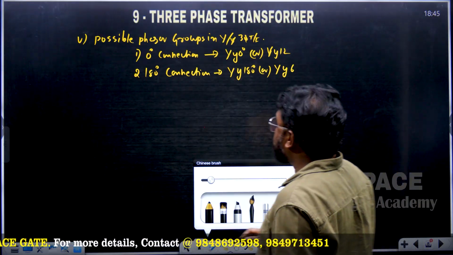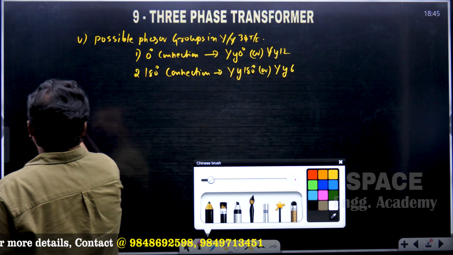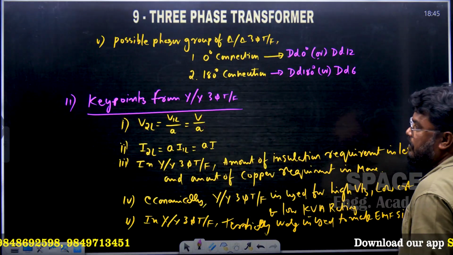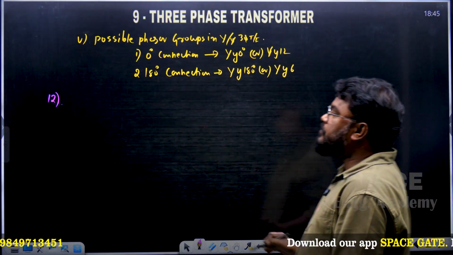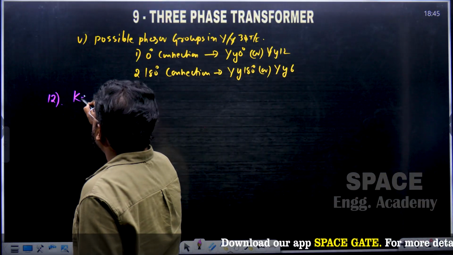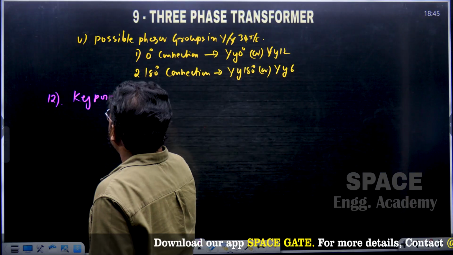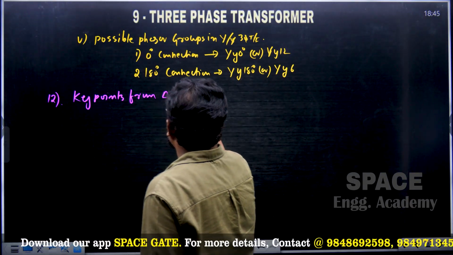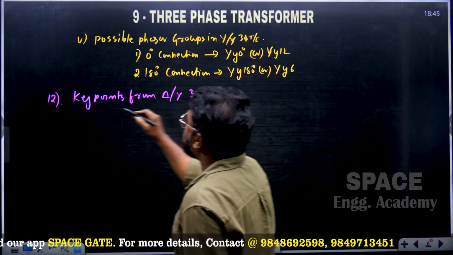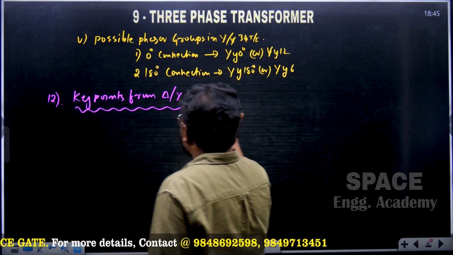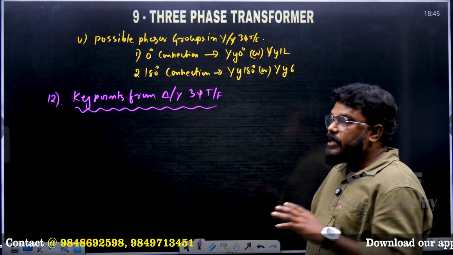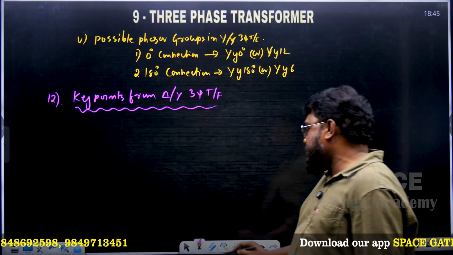And next point, 12th point here, key points from delta star three phase transformer. So these are the key points from delta star three phase transformers. What are the observations from delta star three phase transformer?